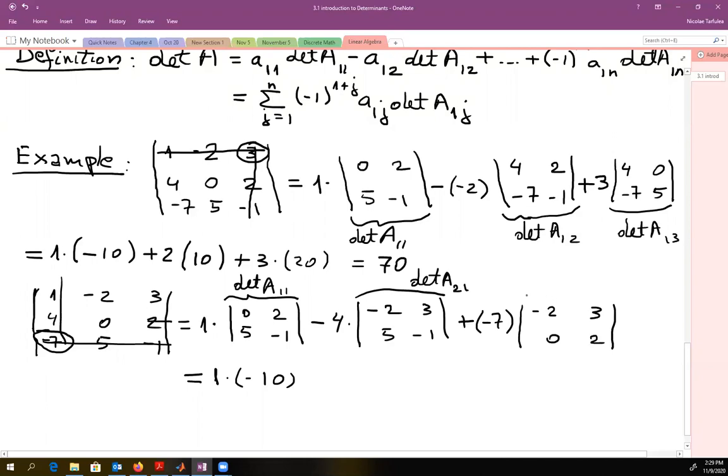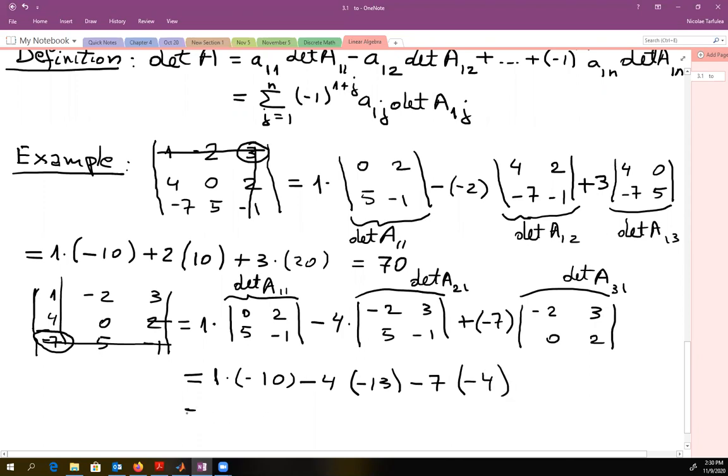And this one here is the determinant of A31. All right, minus 4. What's the determinant? This determinant is 2 minus 15. 2 minus 15 is negative 13. Okay, and here I have minus 7 multiplied by negative 4.